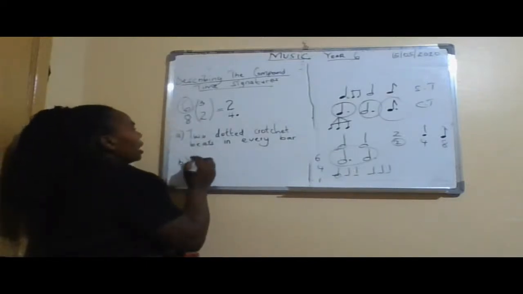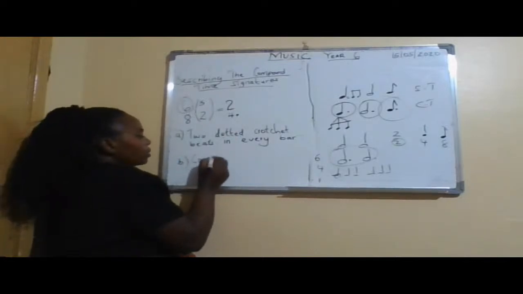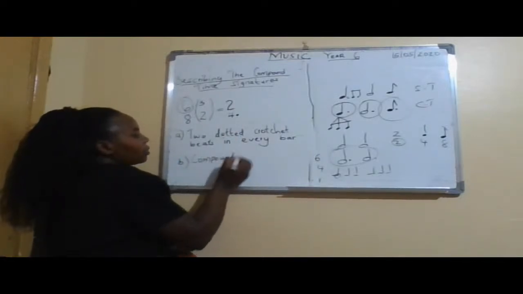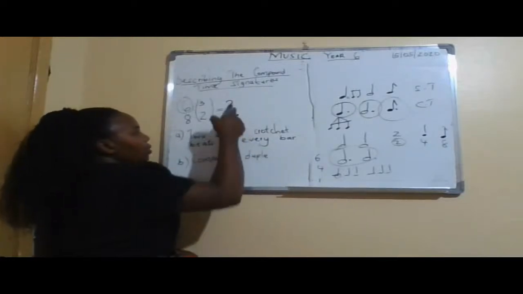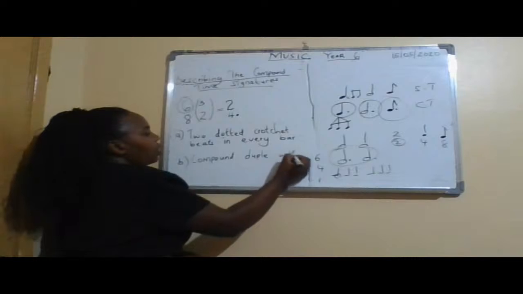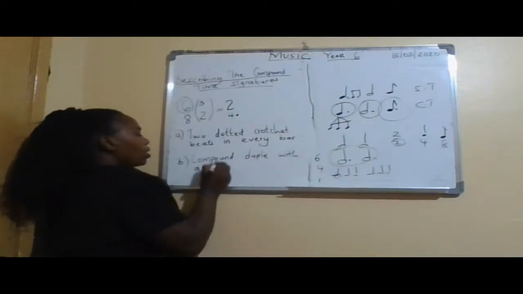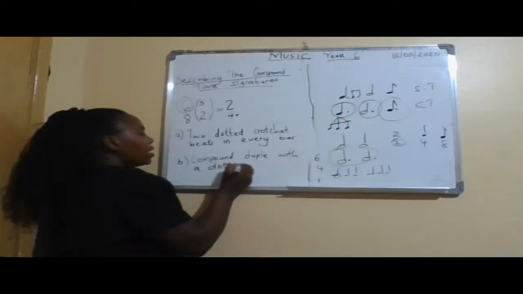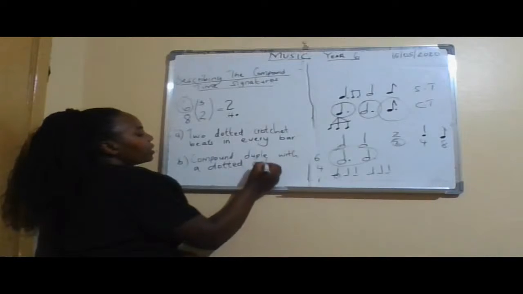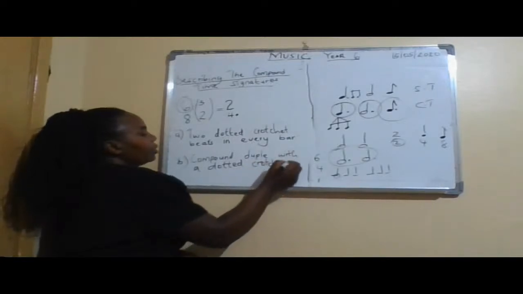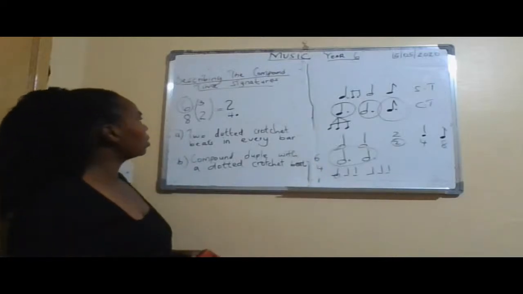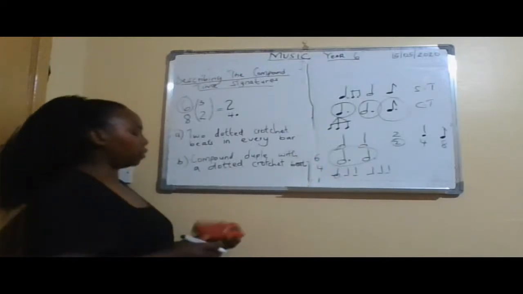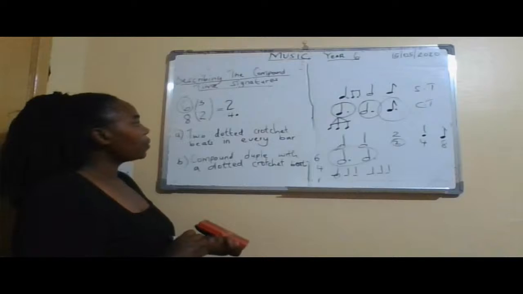So this one is compound duple because the top number is 2 with a dotted crochet bit. So class, you note this one down also as an example.